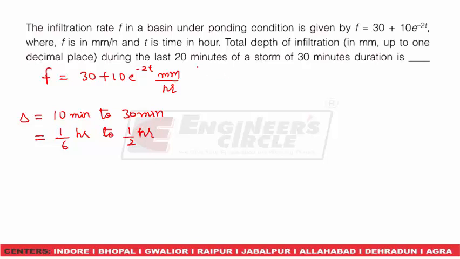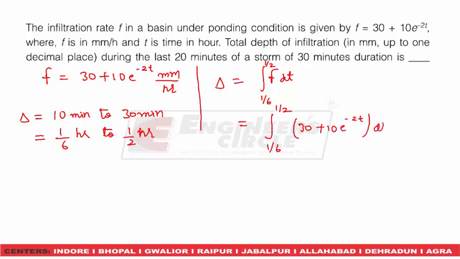Now the depth of infiltration is given by the integral of f dt, and the time limits will be 1 by 6 to 1 by 2. Putting the values, f is 30 plus 10 e to the power minus 2t dt.